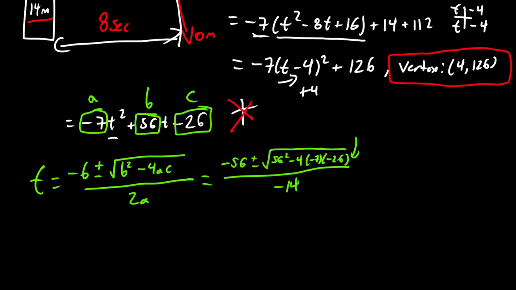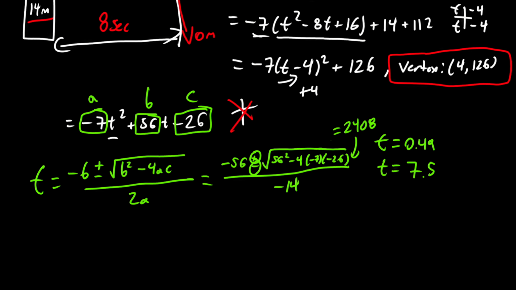We can simplify what's inside the square root to 2,408, and so now we can find our two possibilities for t. First, t is equal to negative 56 plus the square root of 2,408 divided by negative 14. This gives us about 0.49, and t can also equal negative 56 minus the square root of 2,408 divided by negative 14 to give us 7.5.